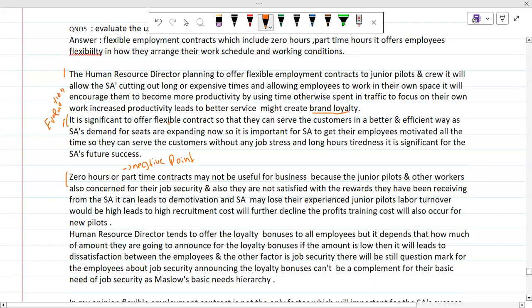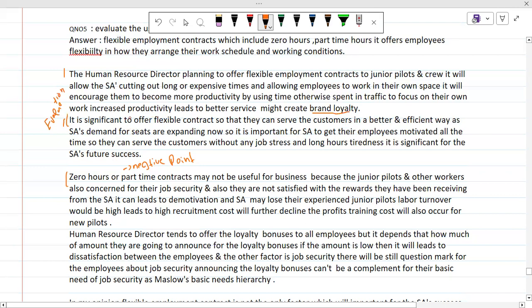Ma'am, did I write any evaluation? Yes, we have to evaluate every point, whether it is negative or positive. If you are writing a benefit or a disadvantage, you have to evaluate it.